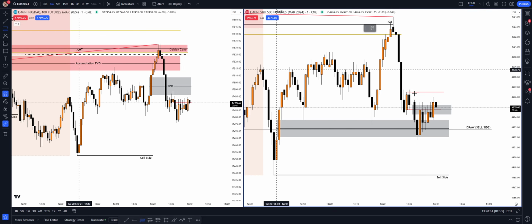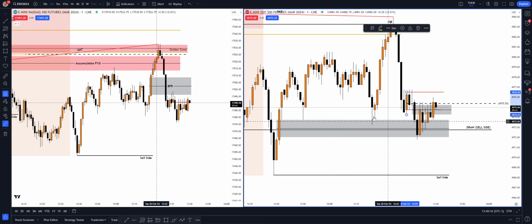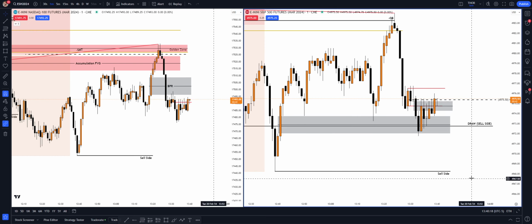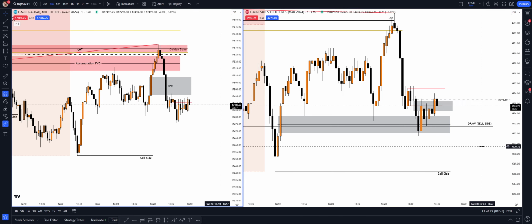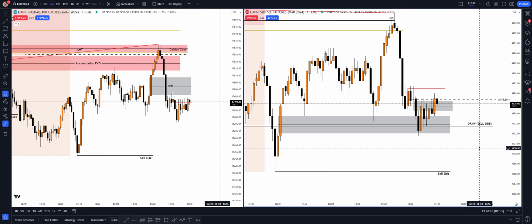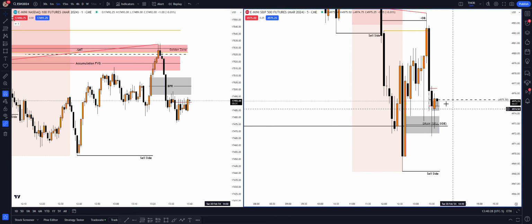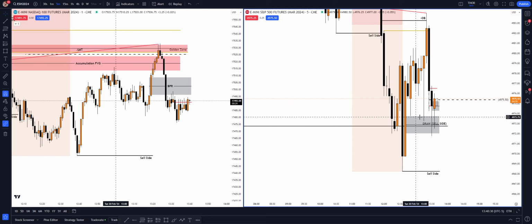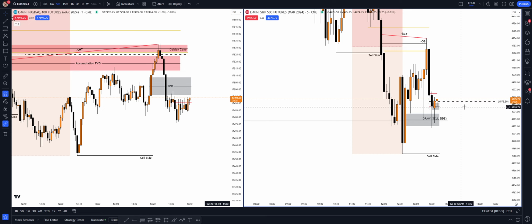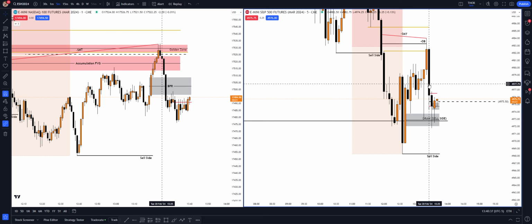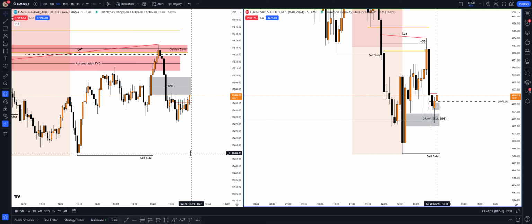Let me annotate the mean threshold, also violated. It seems like, Fabio, we can get up to that 5 minute fair value gap now.